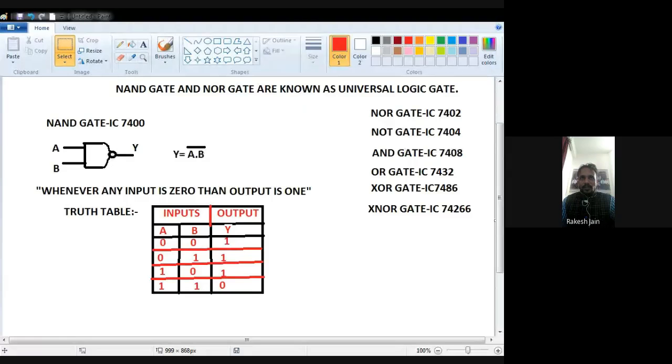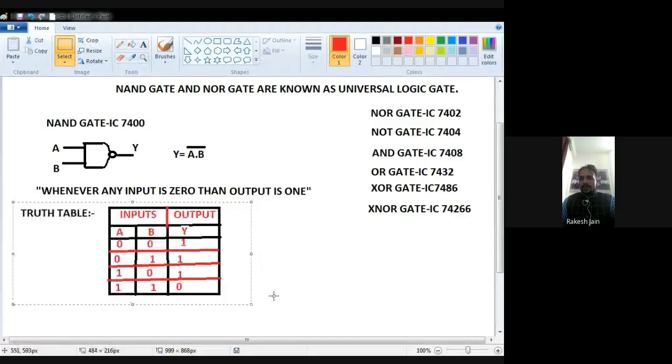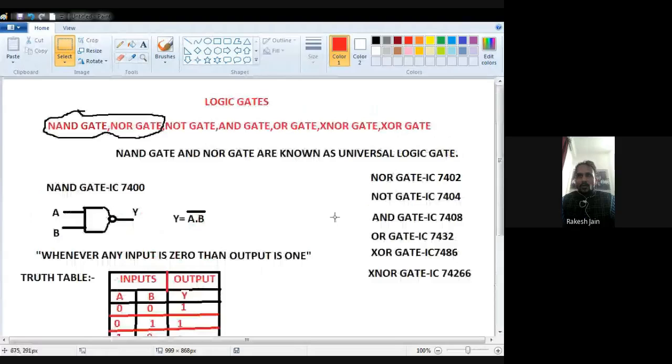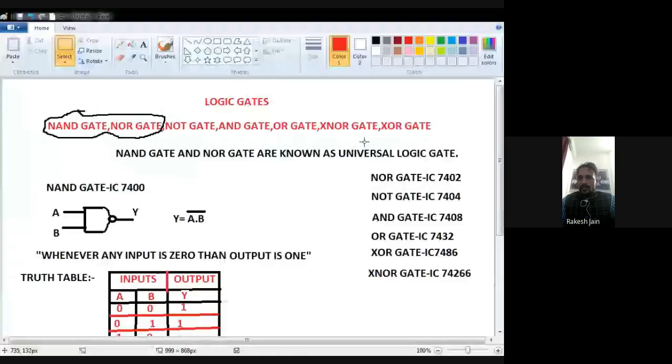Now we see the second one. So this one is the NAND gate. Now we will again see the second logic gate.